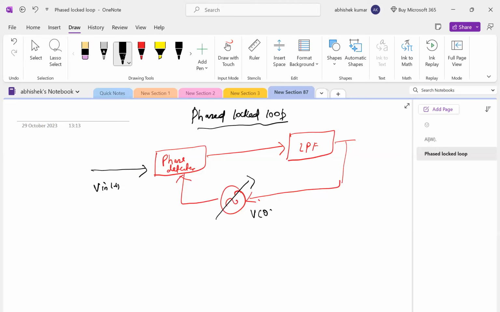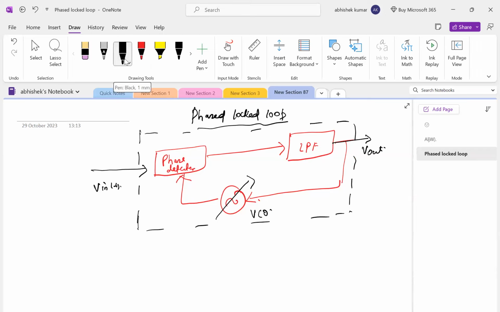This is our V input. This is our V output. This is our PLL circuit.